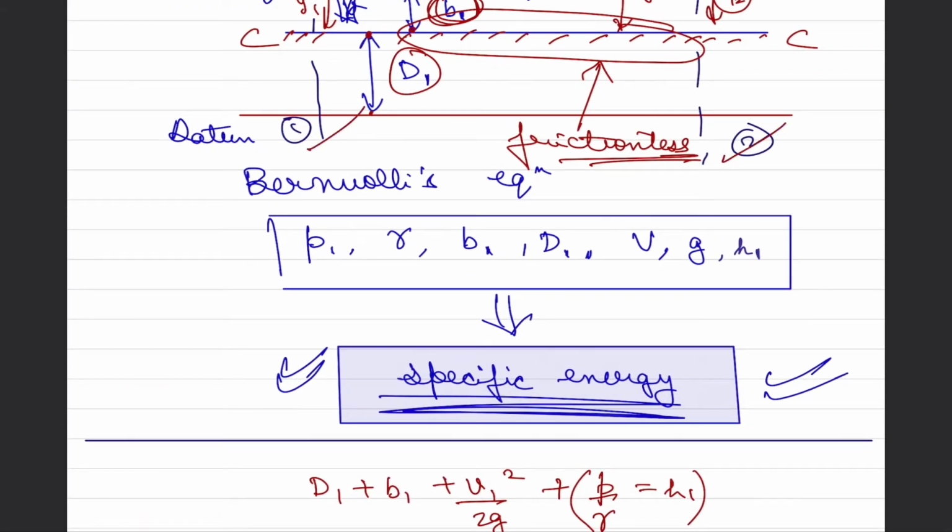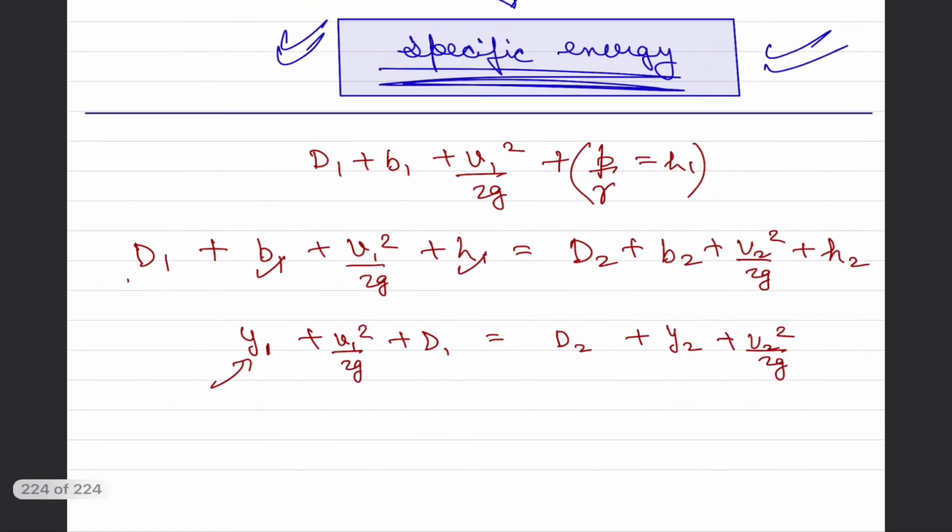What we do is that we cleverly define this term, specific energy, in a way. We say that let us assume that our channel bed is equivalent to datum, and our datum keeps on changing. Why would we do that? The advantages would become clearer as we move forward.